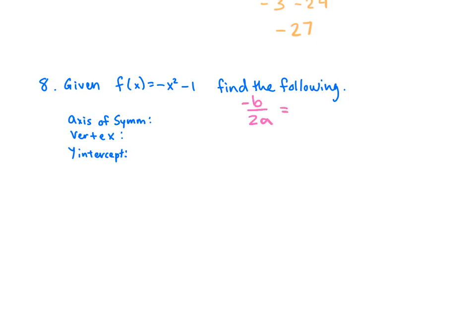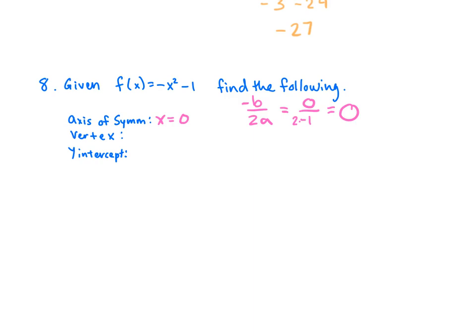Perfect. What is our b? 0. Remember, our b is always what's in front of the x term. We don't have an x term here, so our b is 0. And then our a would be negative 1. But once we have 0 on top of our fraction, we get 0. So our axis of symmetry is x is equal to 0.